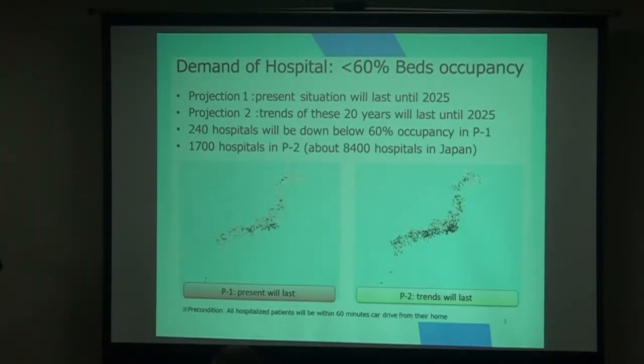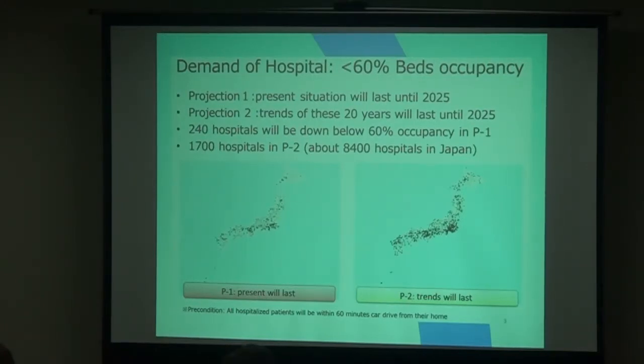But about 5 years ago, we estimated the present status, and we thought that in 2015, this year, there would be a lot of patients in Chiba Prefecture.